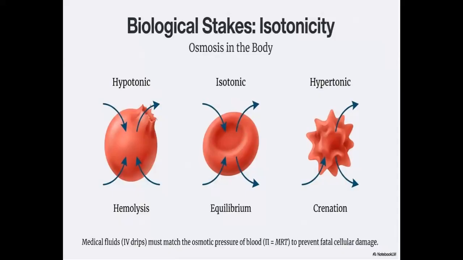Or we can have the case where the water is leaving the cell too much because the environment around it has less water, and that we call crenation, because the cell denatures, it changes because it's losing all the water it has inside. The hypotonic and hypertonic cases are not desirable because they come with their own problems. We want an isotonic case because it's at equilibrium.